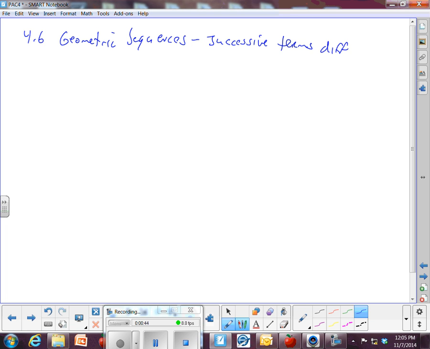Successive terms differ by a constant multiplier. A geometric sequence.